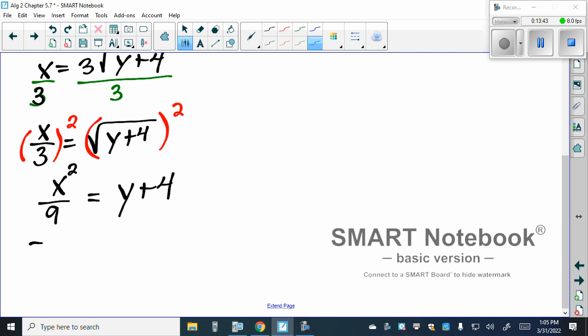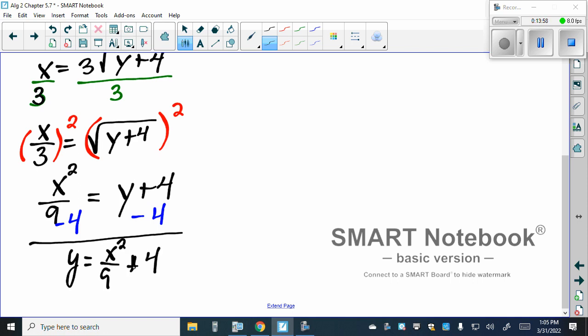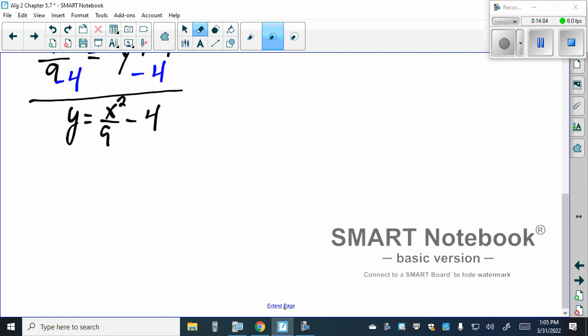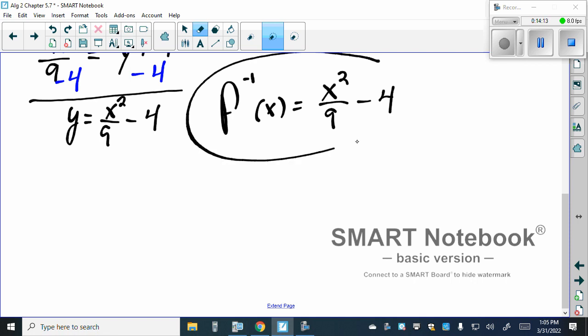And last but not least, subtract 4 from both sides, which will tell us that we have x squared over 9 minus 4. Which tells us that f inverse of x is x squared over 9 minus 4.